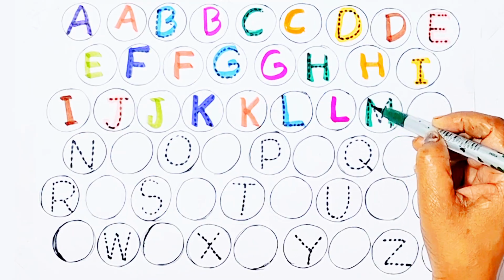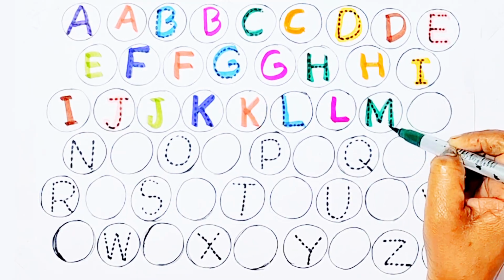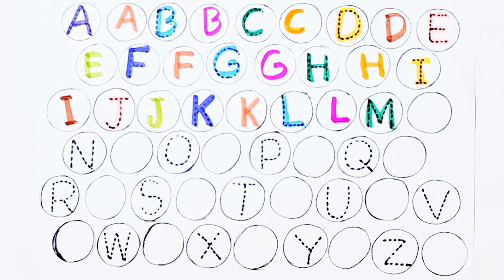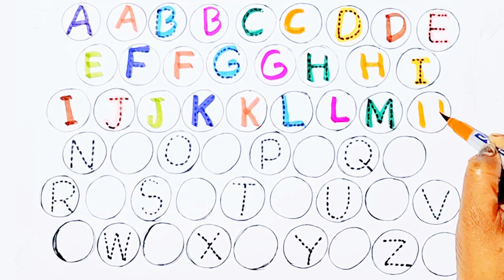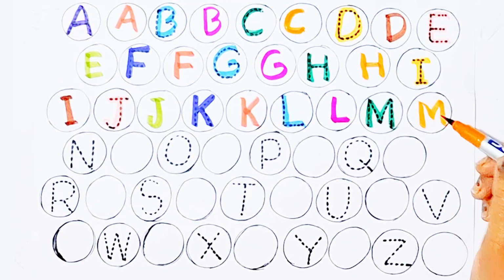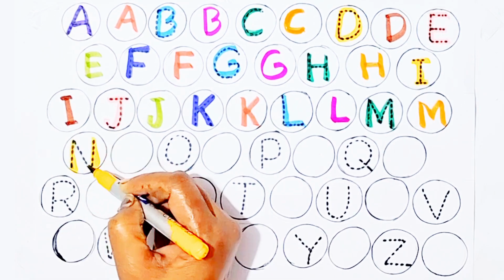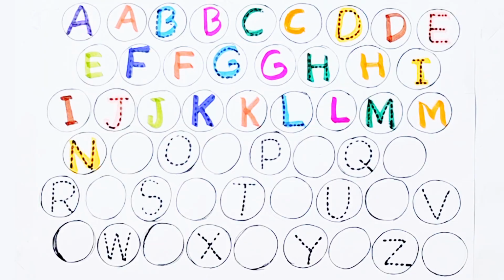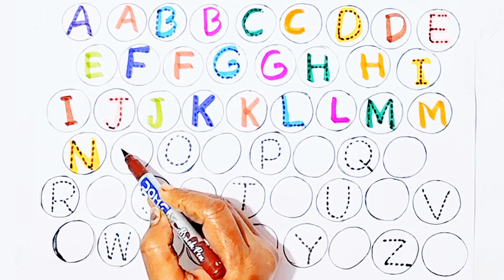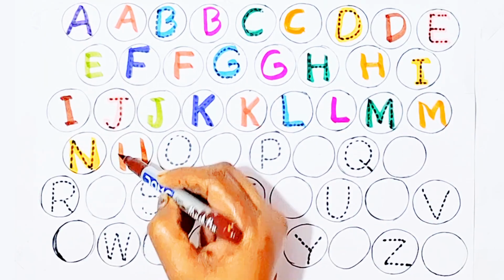M. Old MacDonald had a farm, E-I-E-I-O. And on his farm he had a dog, E-I-E-I-O. With a here and a there, everywhere. Old MacDonald had a farm, E-I-E-I-O.